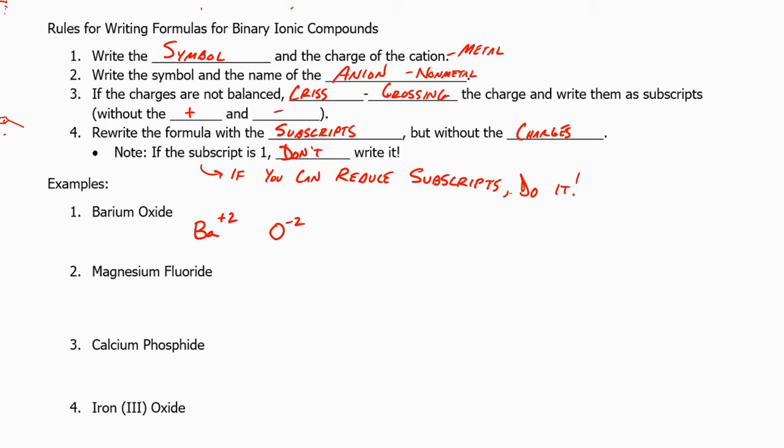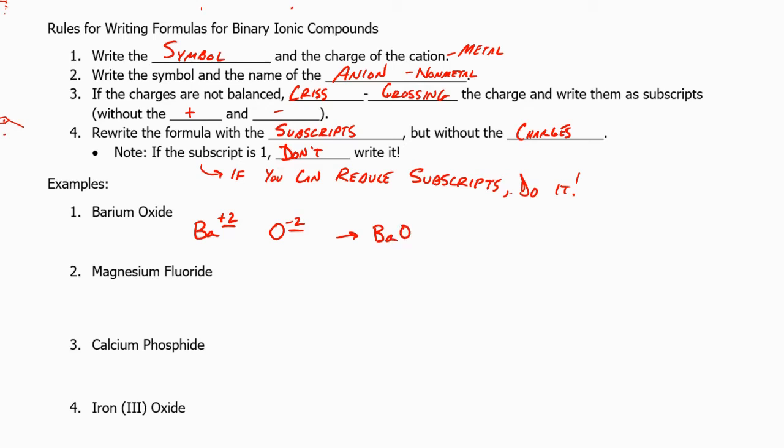When we're writing out our formula, notice the +2 charge from barium and the -2 charge from oxide will cancel each other out if we combine these two elements. Since they cancel each other out, we don't have to worry about the crisscrossing part. Our formula for barium oxide is BaO.